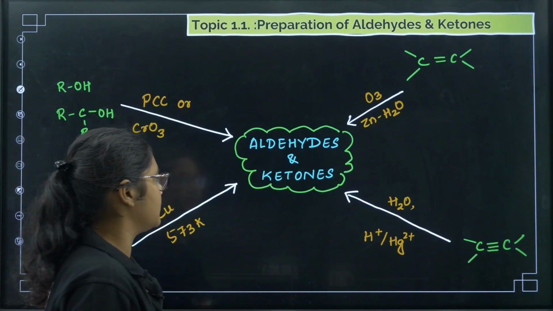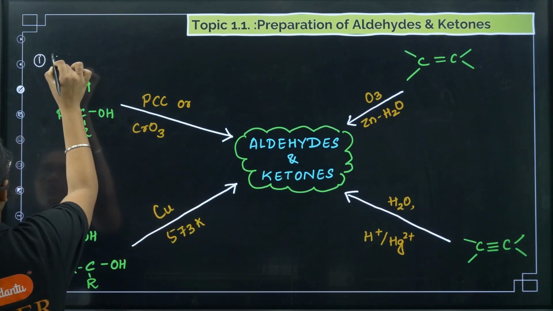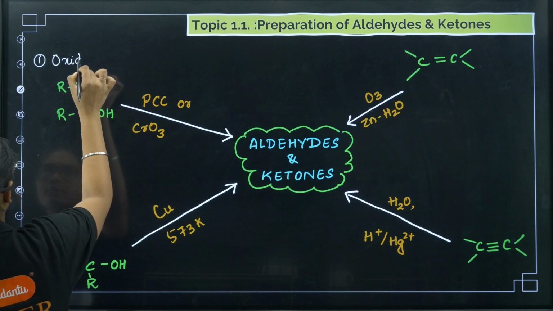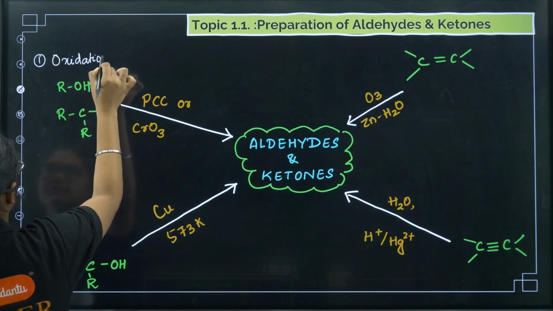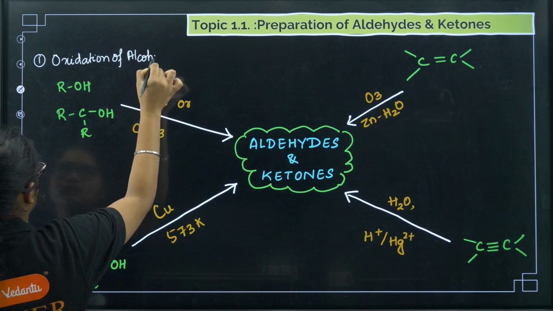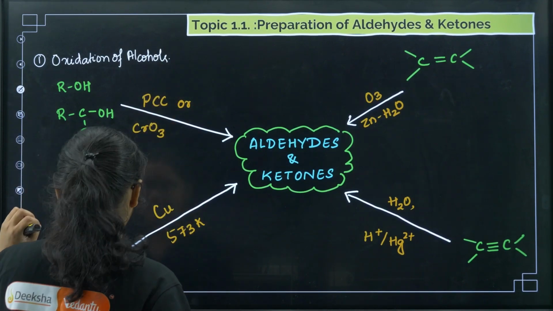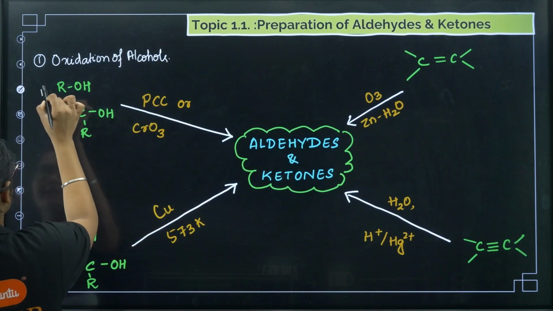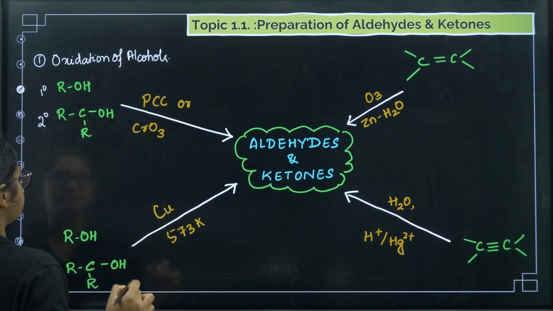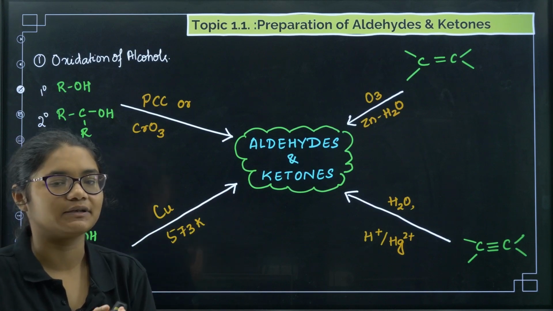The first one is oxidation of alcohols. Under oxidation of alcohols, we have both primary alcohols and secondary alcohols. Primary alcohols will give you aldehydes and secondary alcohols will give you ketones.